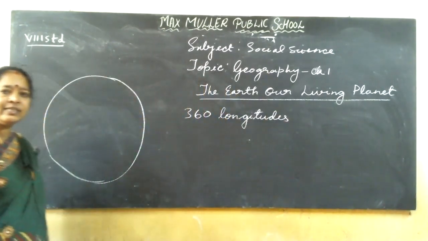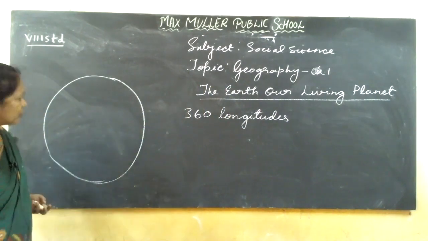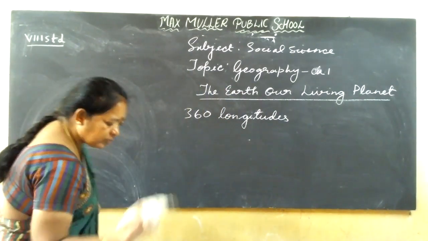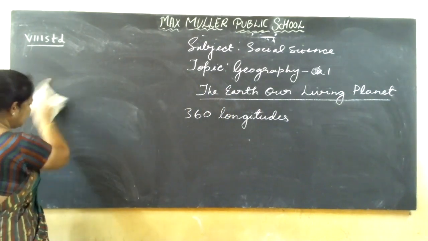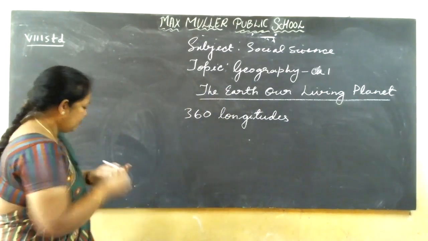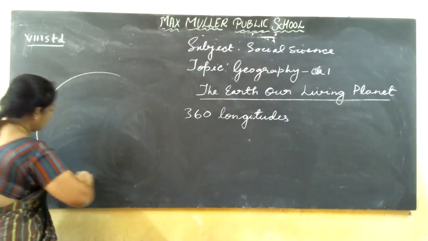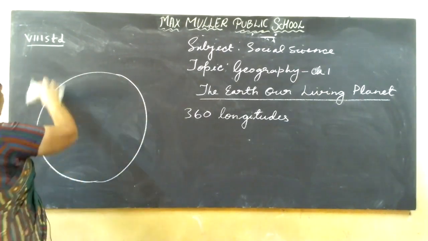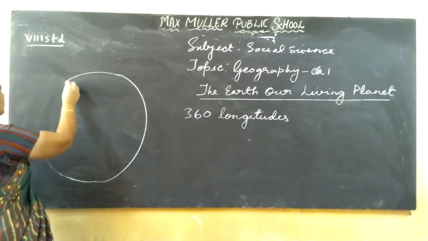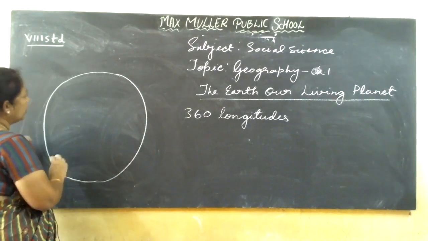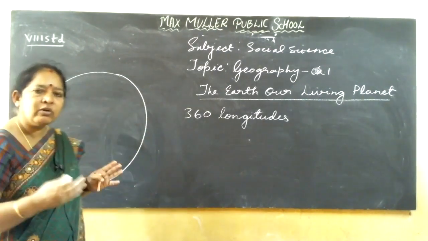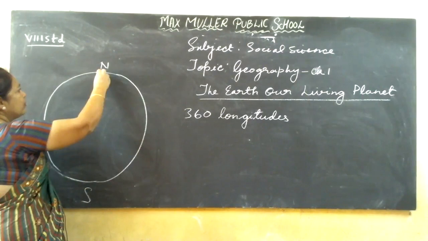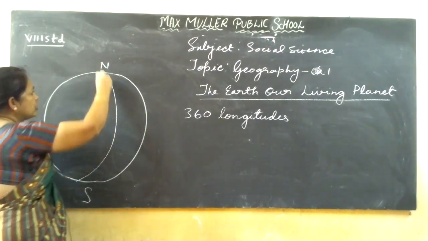We have 360 longitudes. These longitudes are also called meridians. They run from north to south.